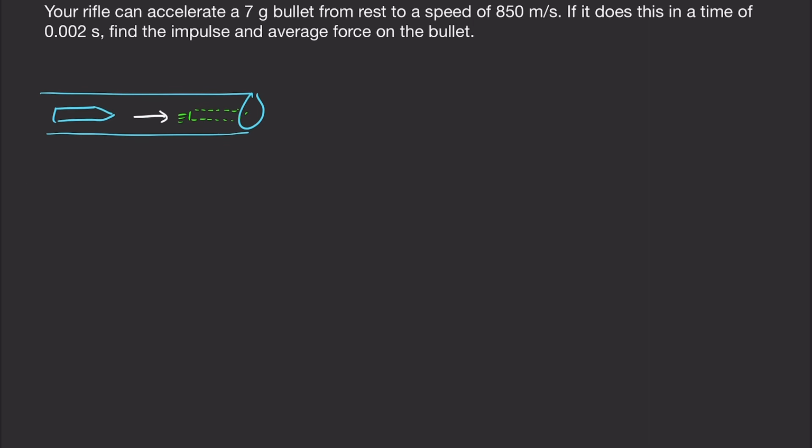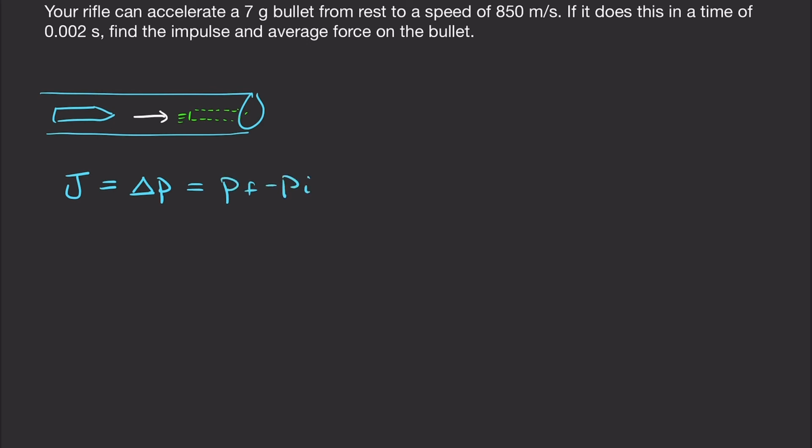Okay, in our last problem, your rifle can accelerate a 7-gram bullet from rest to a speed of 850 meters per second. If it does this in a time of 0.002 seconds, find the impulse and the average force on the bullet. So the impulse is equal to the change in momentum. So this is pf minus pi.